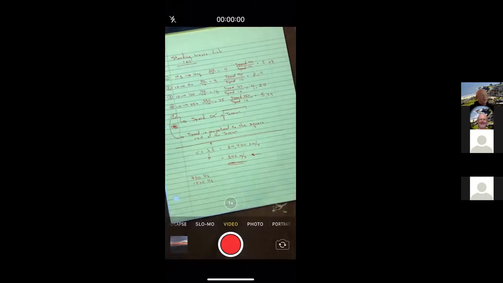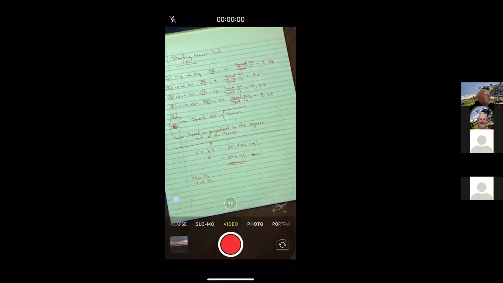And so that's the conclusion they want you to see, that the speed of sound does not depend upon the frequency. We only tried it with two frequencies, so I wouldn't call it a complete proof, but it was a good indication that had I tried it at a third or fourth frequency, it's just not going to change.